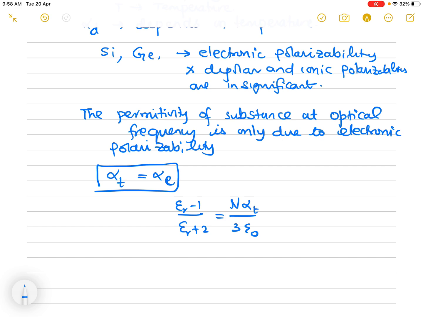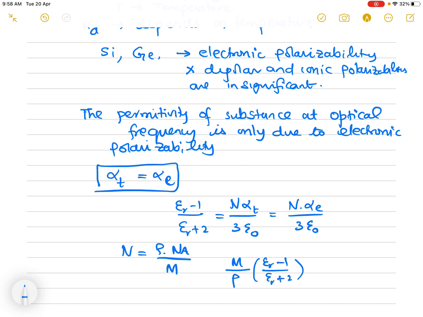So this will be M by rho times (epsilon r minus 1) by (epsilon r plus 2), which is equal to Avogadro number times electronic polarizability by 3 times the permittivity of free space. So this is for permittivity at optical frequencies.